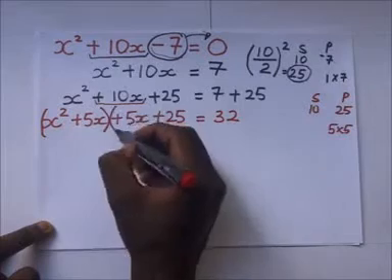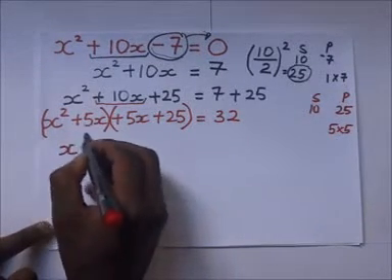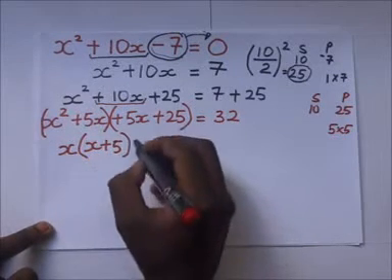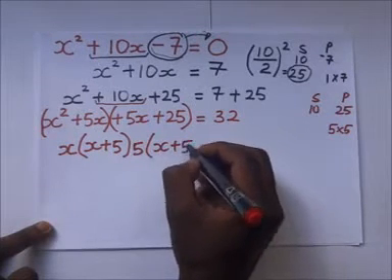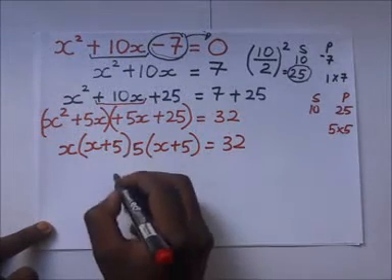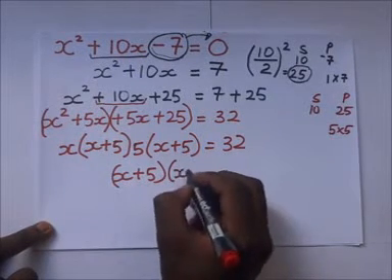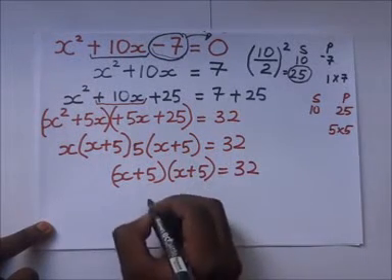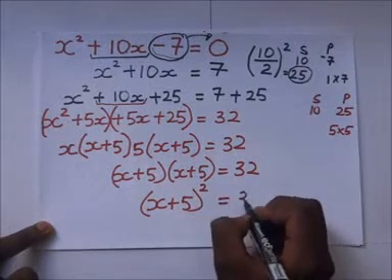So when we put this in brackets and that in brackets, we factor out x into x plus 5, then factor this 5 outside the brackets into x plus 5, is equal to 32. So you realize that from this point we are having x plus 5 into x plus 5 is equal to 32. So this becomes x plus 5 squared is equal to 32.